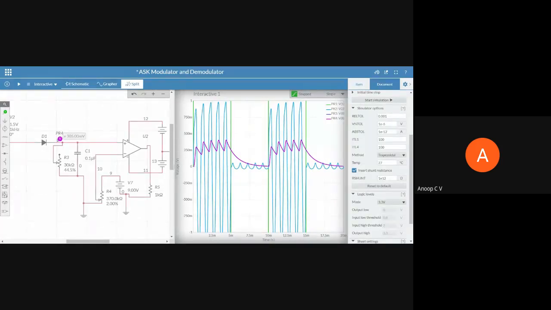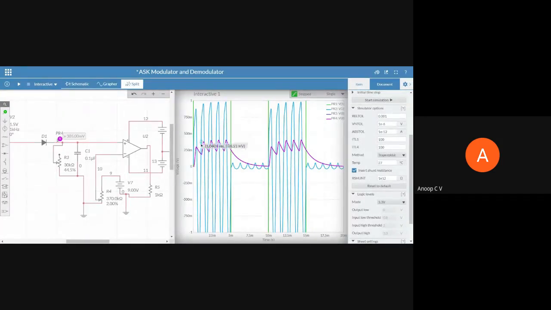Carlton has said comparator. Carlton, if I'm using a comparator, I should give something to the non-inverting input and something to the inverting input. The reference voltage. Now, what should the reference voltage be?